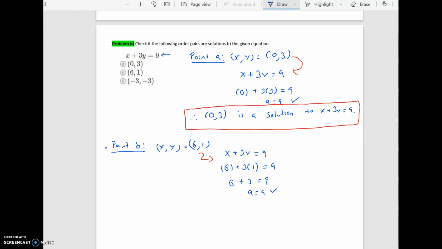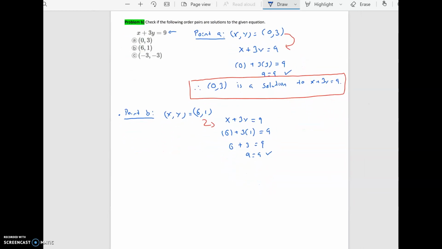It checks out. It is in fact part of the actual equation. So I'm just going to say that (6, 1) is a solution to x plus 3y is equal to 9.